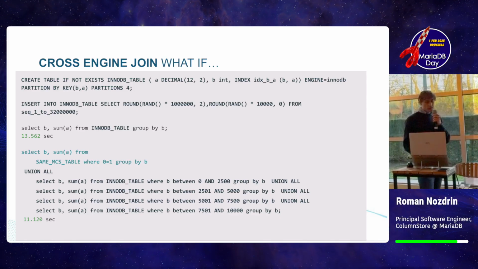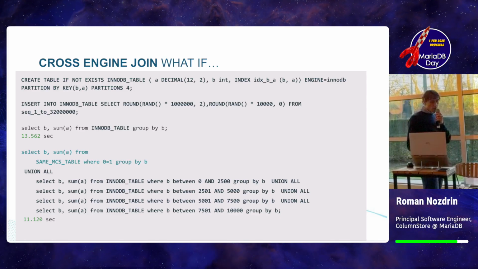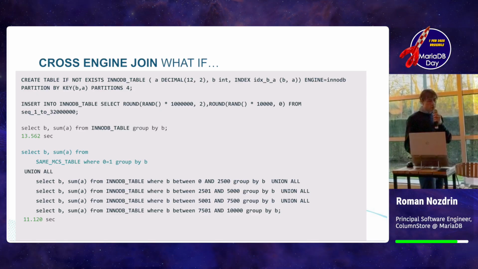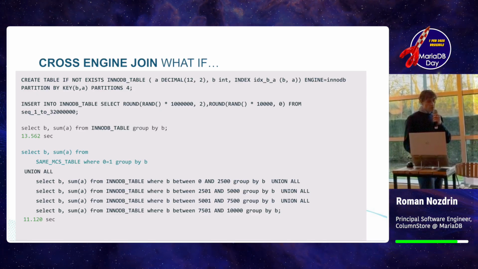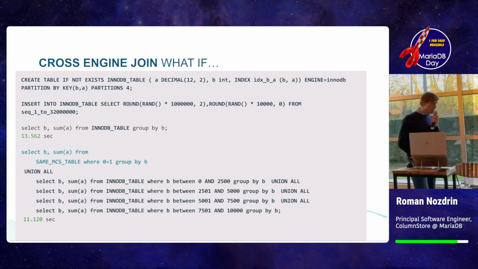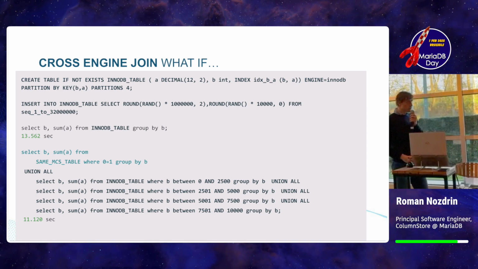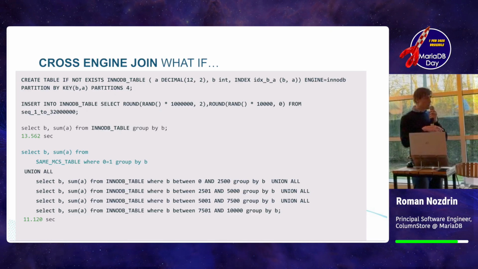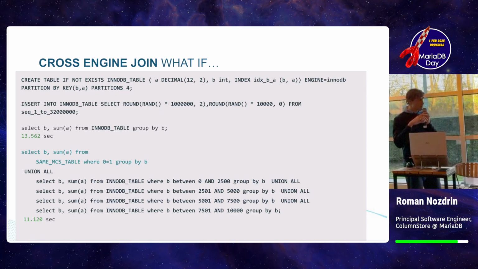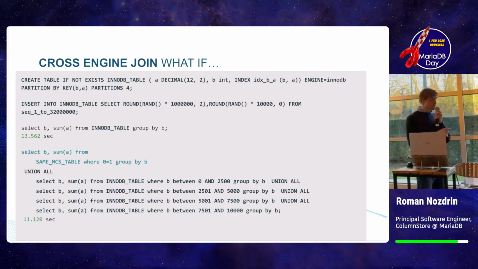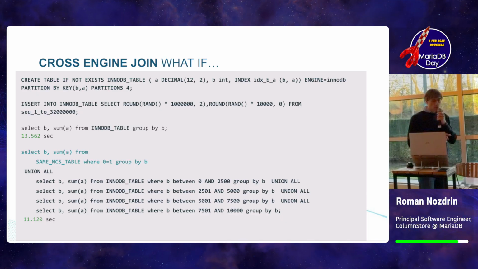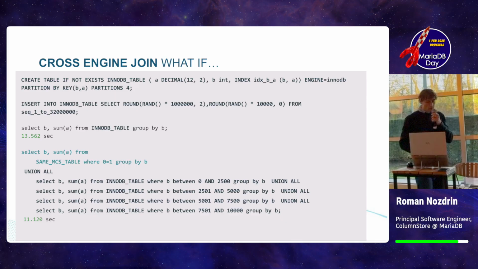So with this, you can actually mention multiple engine tables in a single query. And this query will be handled by Columnstore itself, and to process the data that belongs to a different engine, under the hood, it establishes a client connection to the server and retrieves the data that it needs to proceed with the query execution.